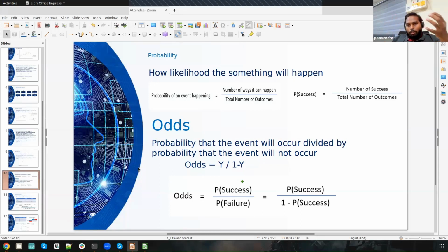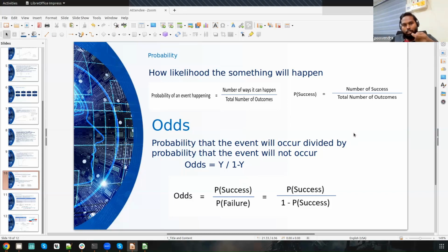To get into that, I want to give you two basic words: probability and odds. Everyone knows probability, and odds may be new. What is probability? How likely something is to happen.